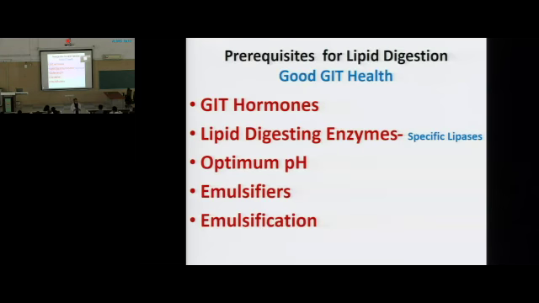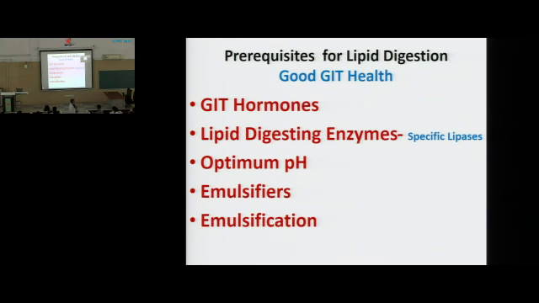Now what is the prerequisite before breaking this TAG, this phospholipid, this cholesterol ester? What is the requirement? Here you have to remember the health of the GIT. The GIT health should be good, a healthy stomach and healthy intestine, so that there is secretion of the various GIT hormones which regulate the secretion of gastric juice, intestinal juice and bile.